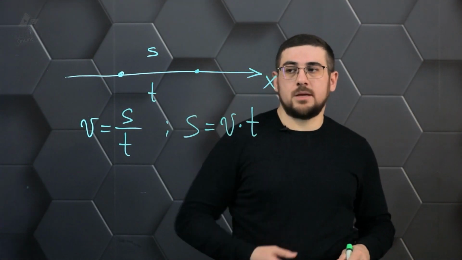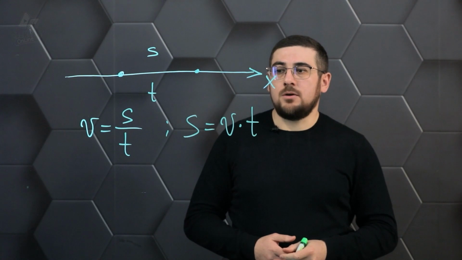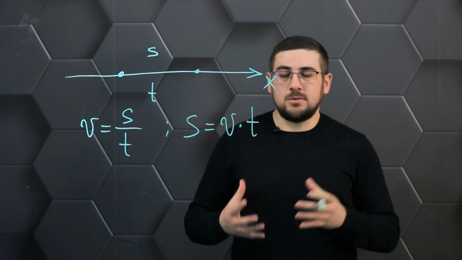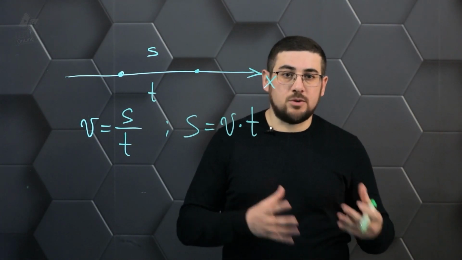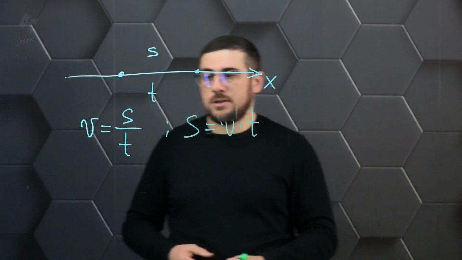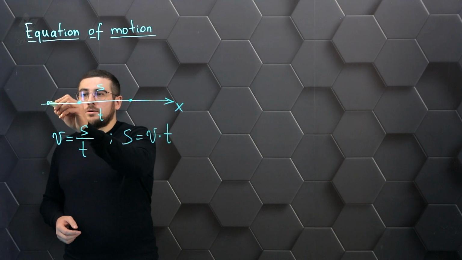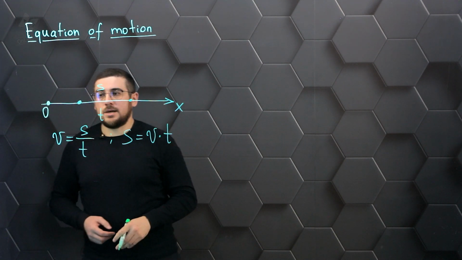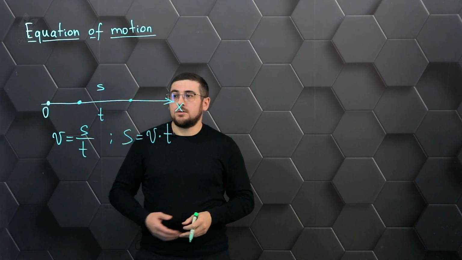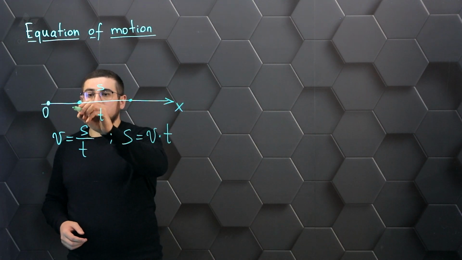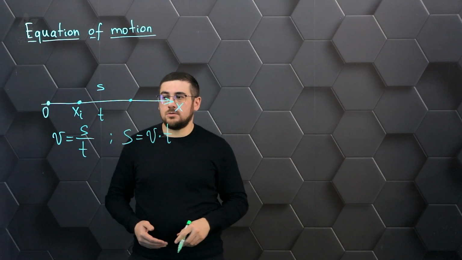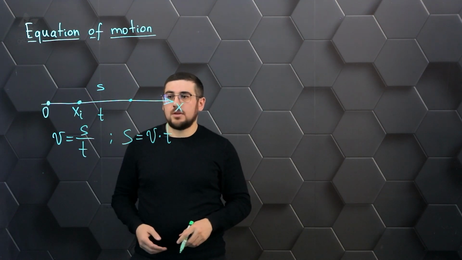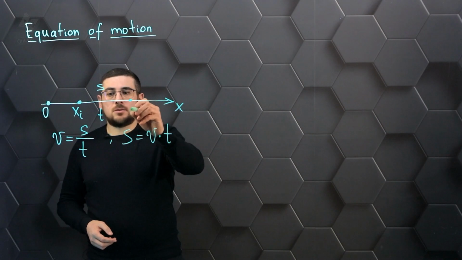And then, in order to show where the body ended up from where it began to move, we will introduce concepts such as the initial coordinate of the body and the final coordinate of the body. For example, here we have the beginning of the reference, then the initial coordinate of the body. We denote it x initial, and respectively the final coordinate of the body x final.